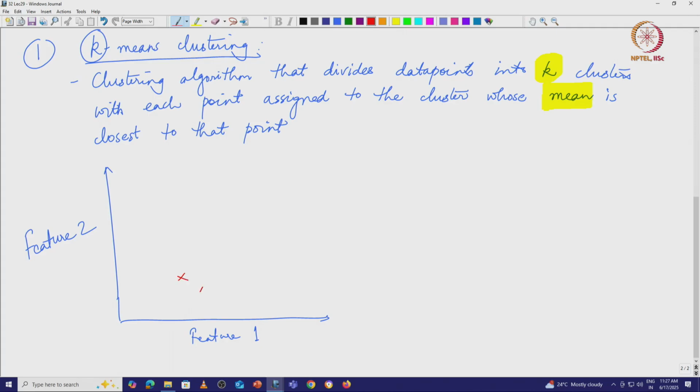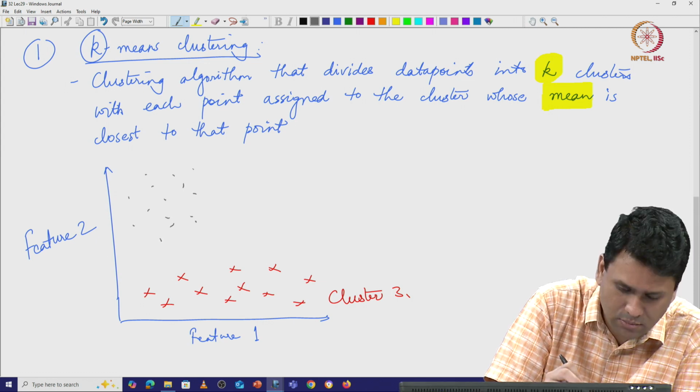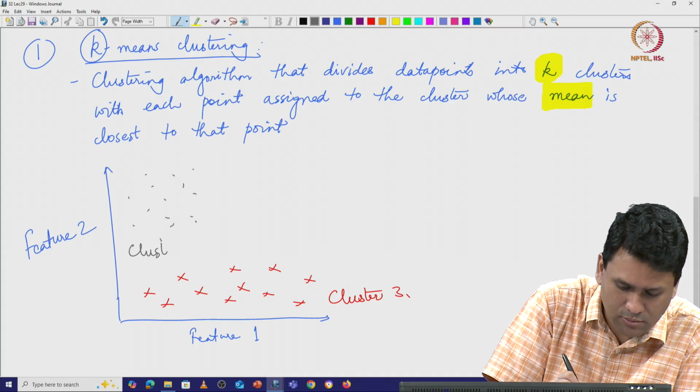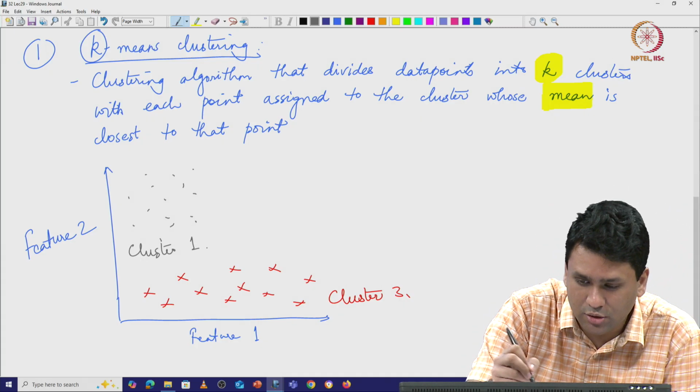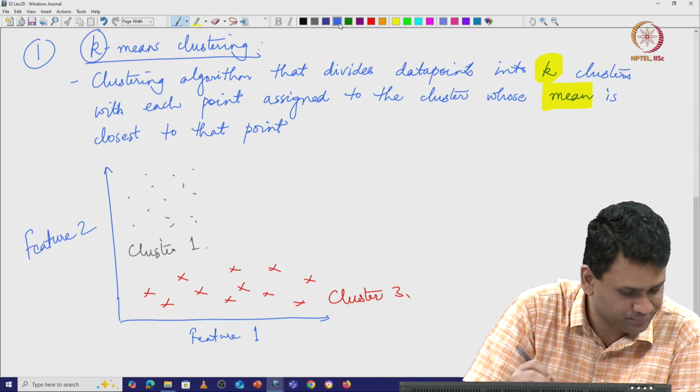I am already going to be drawing them so that they are colored differently and symbols are also different, right. So this is, let us say, cluster 3, and then there is cluster 1, let us say here, and there is cluster 2 somewhere here.